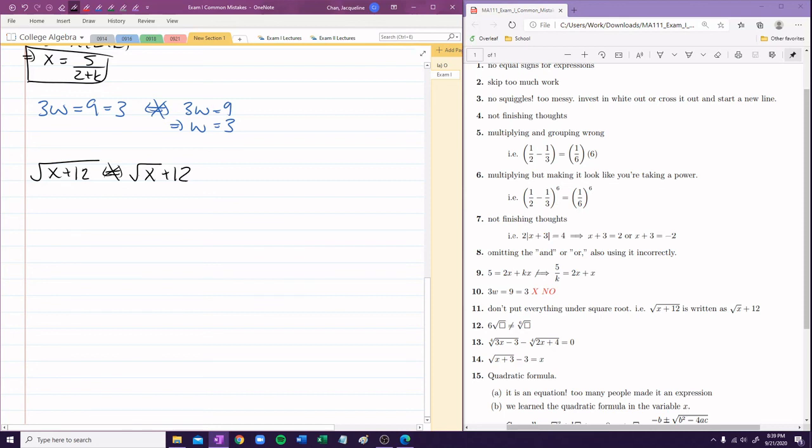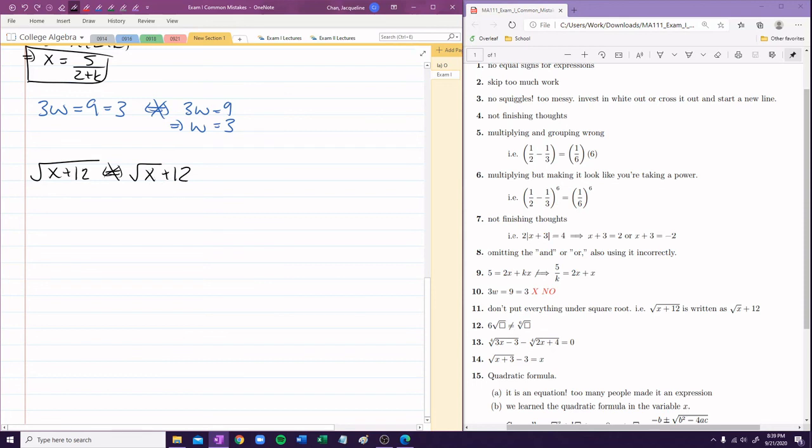The first tells me I'm taking the square root of everything, x plus 12, so I have to add x and 12 first before I take the square root. The second means I'm going to take the square root of x and then add 12. Completely different statements.